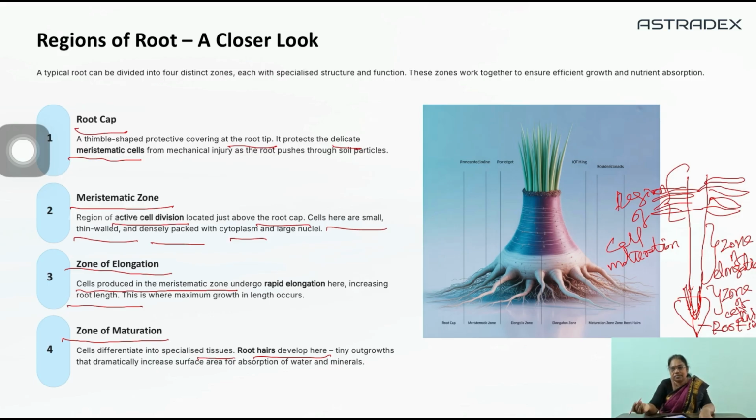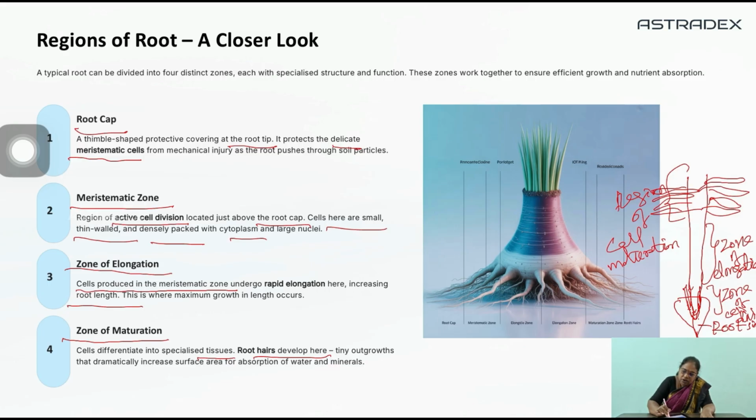Absorption of water and nutrients from the soil takes place through the root. Finally, conduction, transport of absorbed materials to the stem region. So absorption, anchorage and conduction are the primary functions of root.